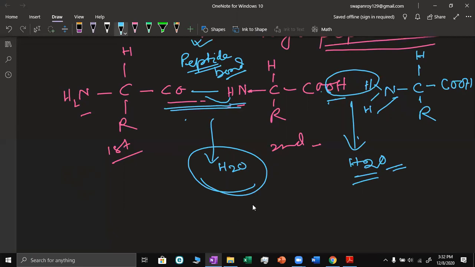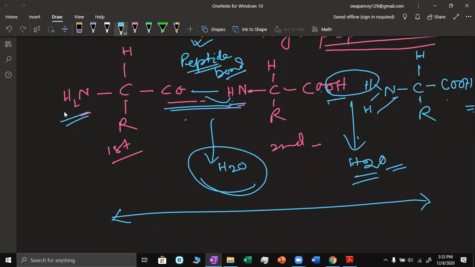And one thing you have to remember: whenever a polypeptide is formed, there is a fixed thing, that the bond is formed between the carboxyl and amino group. So in the polypeptide chain, on one side there is an amino group, and on the other end of the chain there is a carboxyl group.